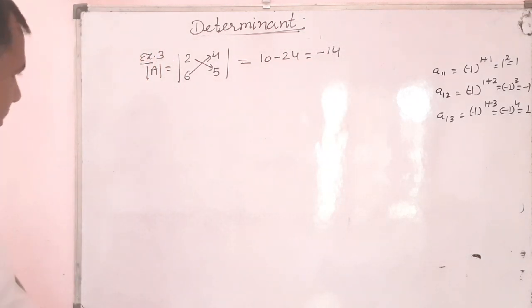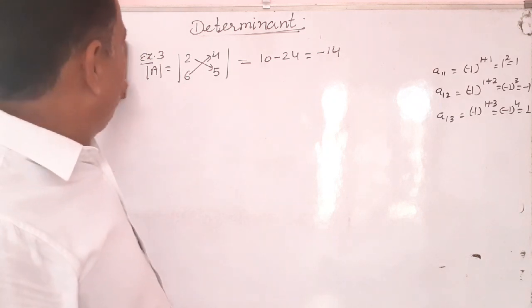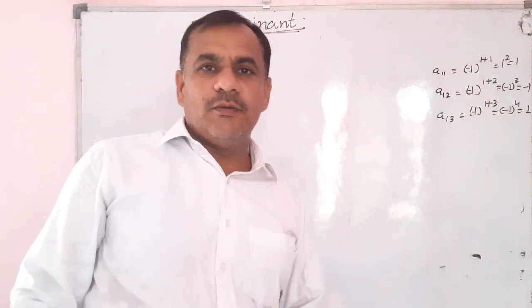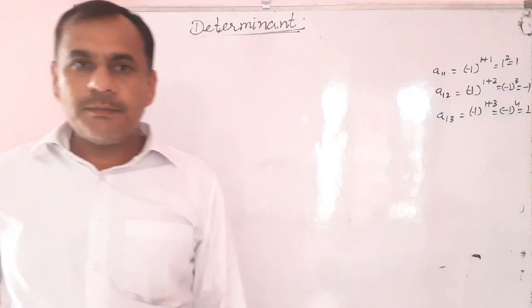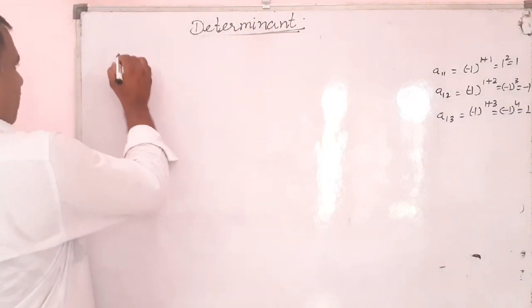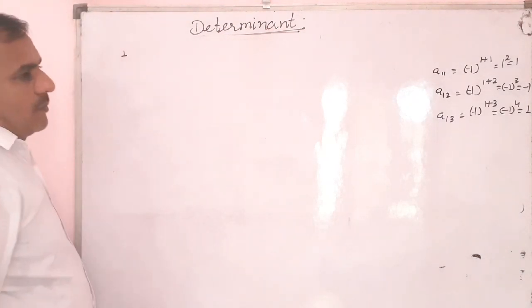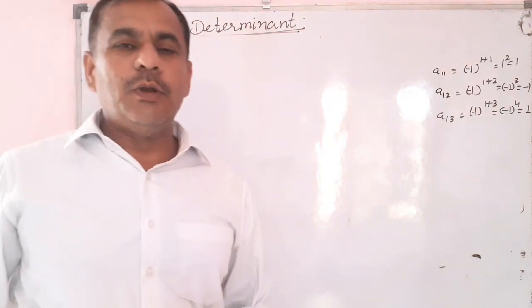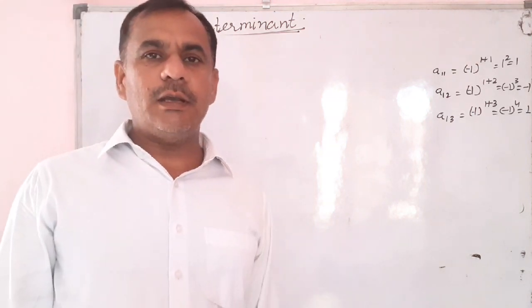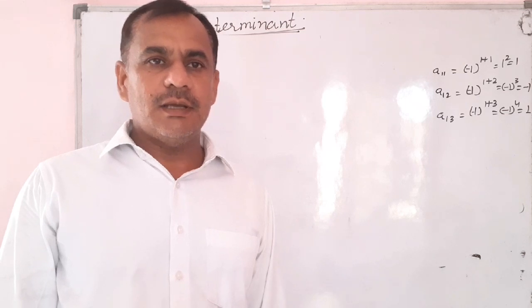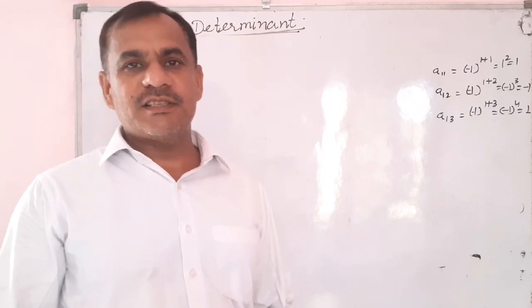Now, properties of determinant. What are the properties of determinant? First, if row and column of determinant are interchanged, then value of determinant remains same.